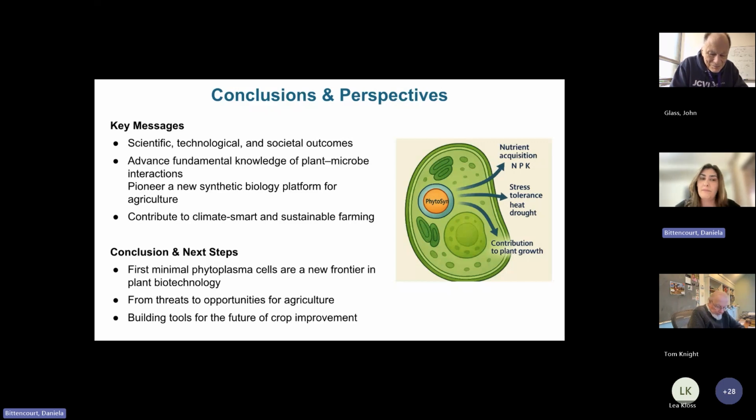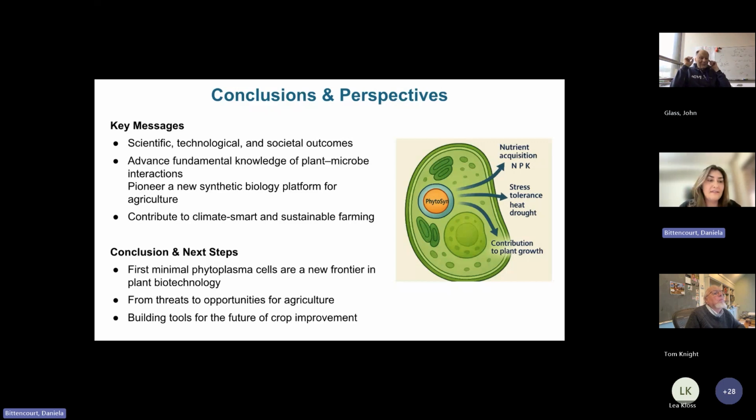I didn't mention, but phytoplasmas actually are harmful to the plants, so they can cause severe economical losses in agriculture. So this will be very interesting. These tools also help us to understand a little bit the biology behind phytoplasma pathology. Of course, it is a pioneer synthetic biology platform for agriculture and contributes to climate-smart strategies and sustainable farming.